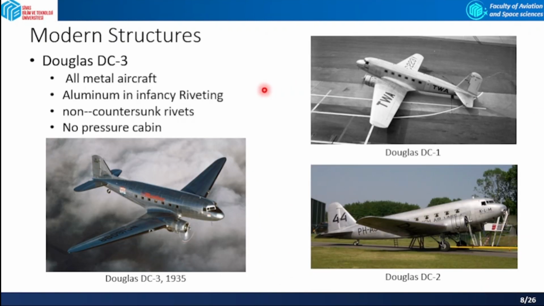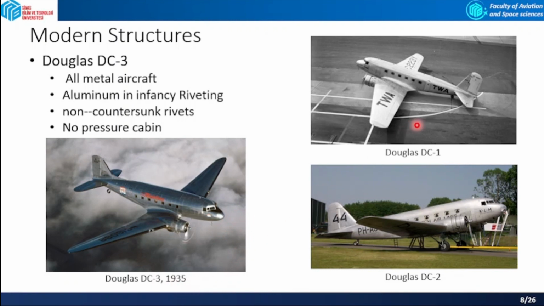Douglas and Boeing were some of the first companies to make planes entirely made out of metal. The Douglas DC-3 shown in this picture took its first flight in 1935 and became really famous.